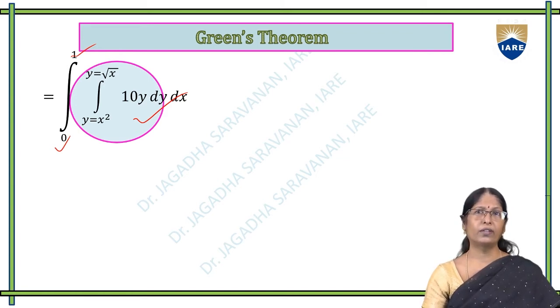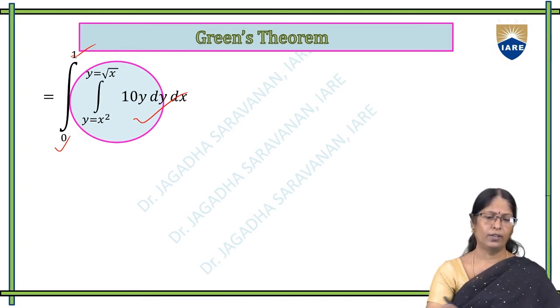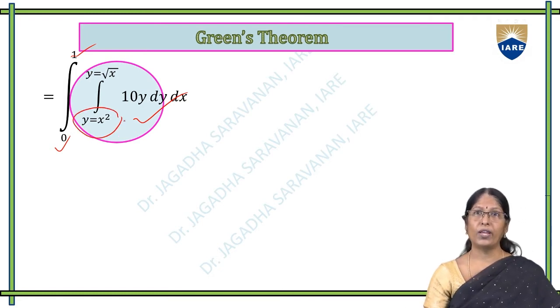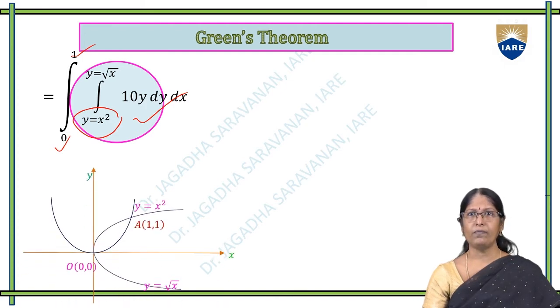Now here is a doubt: there are two curves. We selected y equal to x square as the lower limit and y equal to root x as the upper one. What is the reason?